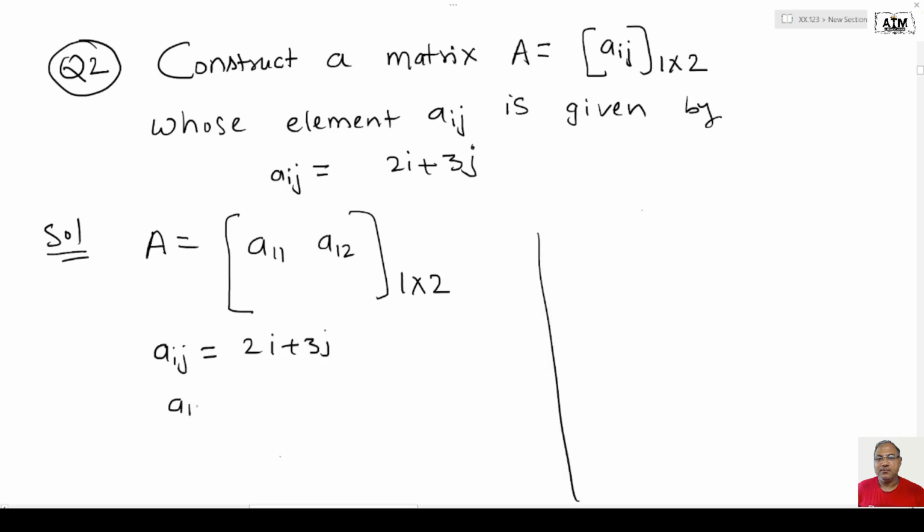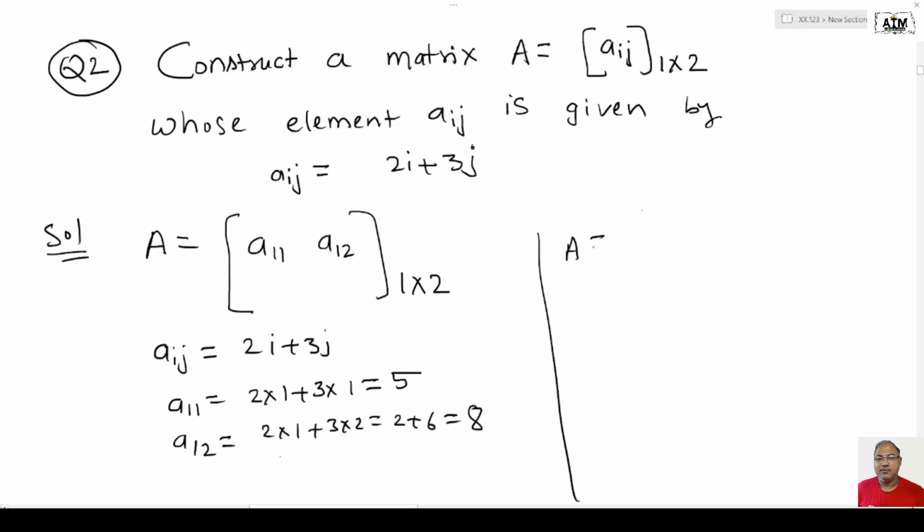Therefore, A11 equals, in place of i write 1, in place of j also 1, so 2 plus 3 equals 5. And A12 equals 2 into 1 plus 3 into 2, equals 2 plus 6, equals 8.